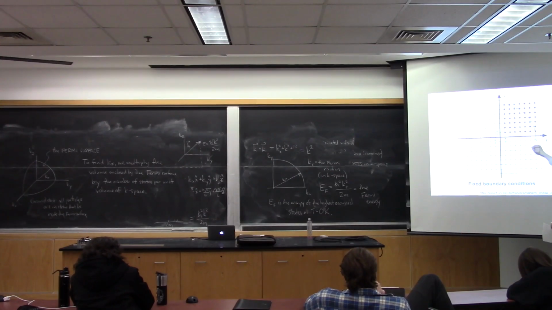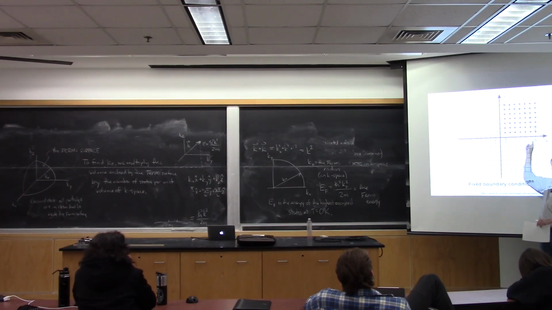by saying, okay, what's the area of this quadrant circle here? Well, what's the area of a whole circle with radius k Fermi? That area would be pi k Fermi squared, but it's only one quadrant, so it's just a fourth of pi k Fermi squared.